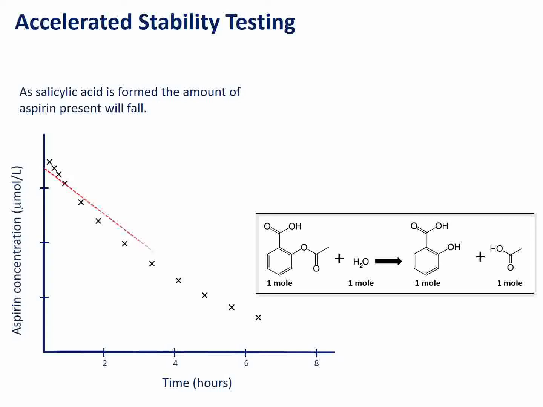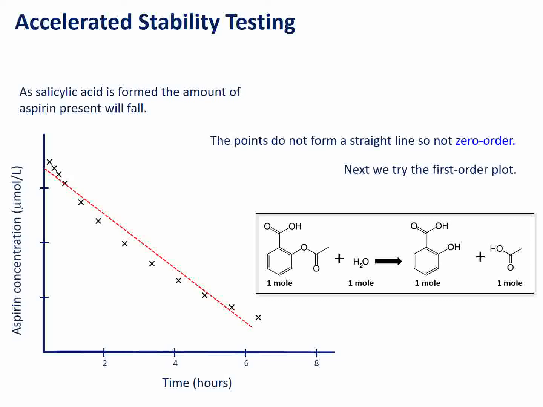Now what I've done here is try to draw a line of best fit between these points, and you can see basically that we have a curve clearly. The straight line does not fit easily between these points. Because we don't get a straight line when we look at the aspirin concentration declining, that tells us something specific about this reaction.